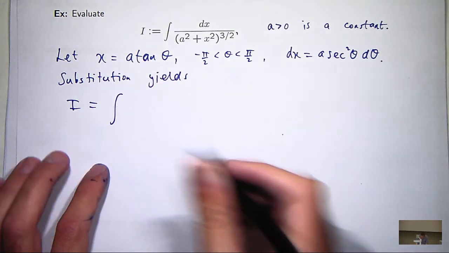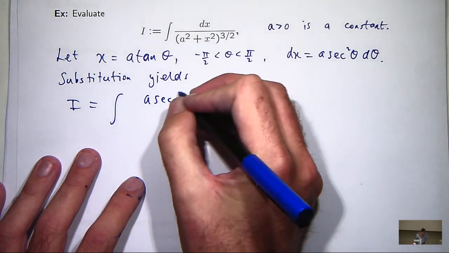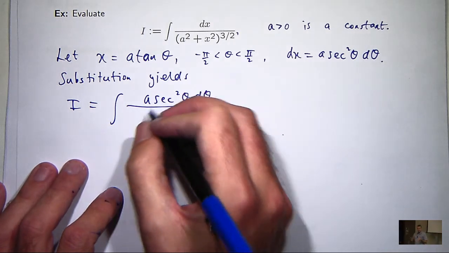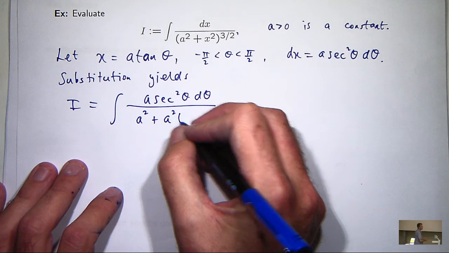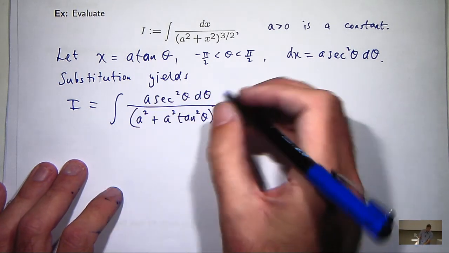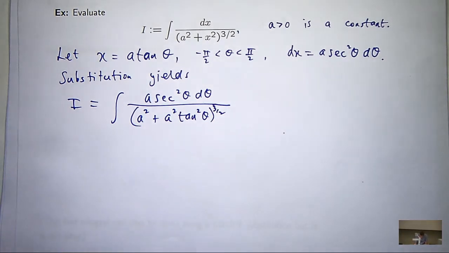So now all I need to do is cancel off. Don't need to worry about absolute value signs because of the restriction of theta, so you can just ignore that. So I'm going to get something a little like this. So we're going to have a cubed on the bottom and sec cubed on the bottom. So now I can just cancel.